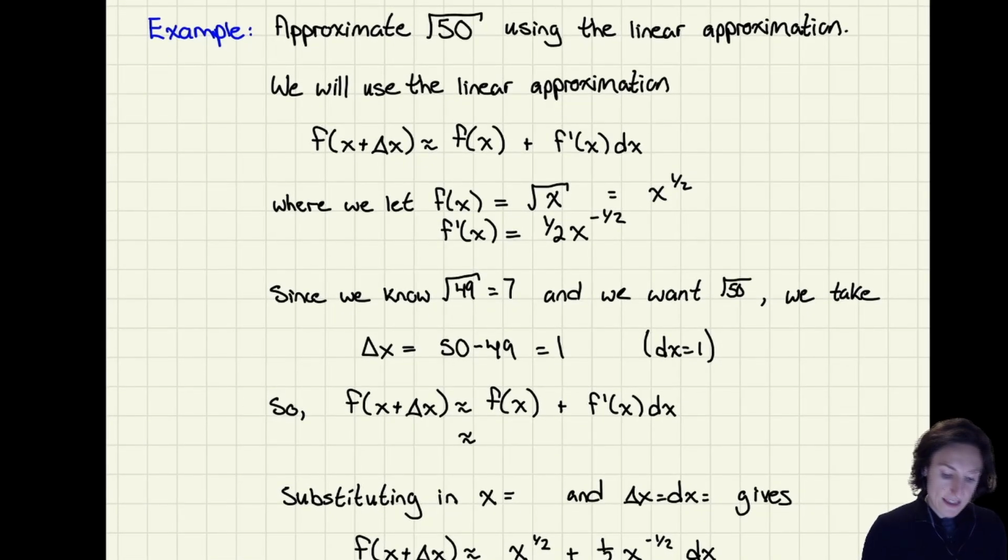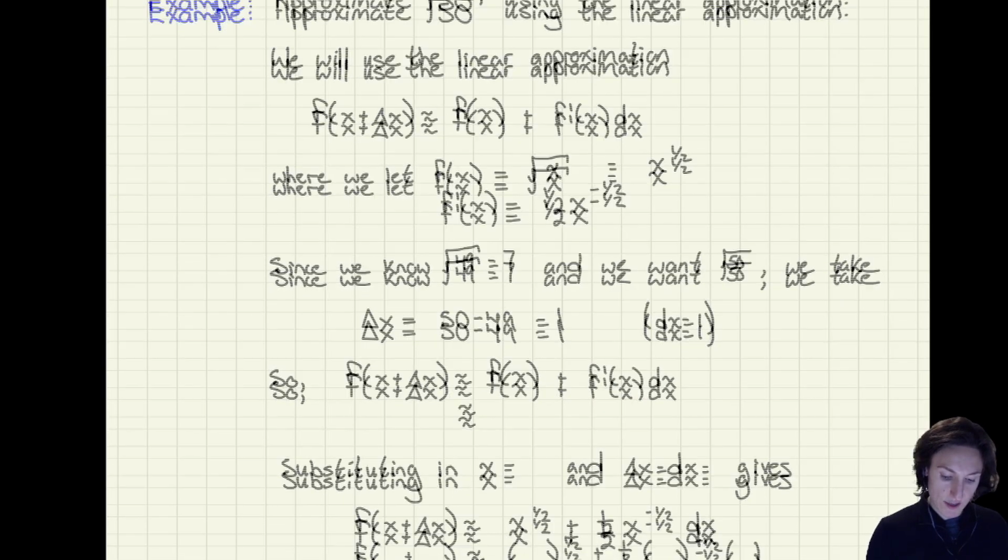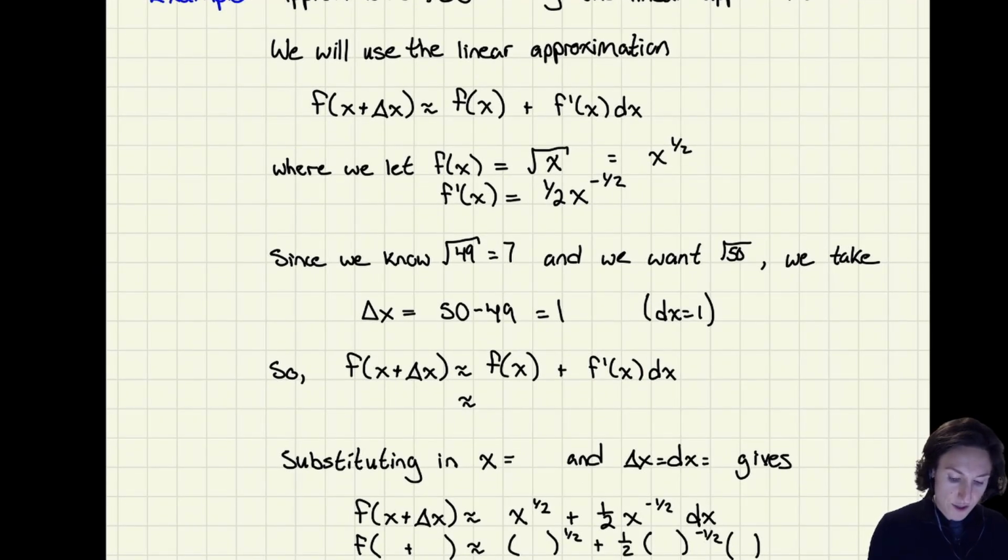So when I'm looking at this linear approximation here, it's going to be approximated by what the function is at a point that I know, plus its derivative at the point that I know, and then that little change in x. So in our case, we know what these things are. My f of x is just x to the power of 1/2. I know that the derivative of that is 1/2 x to the negative 1/2.